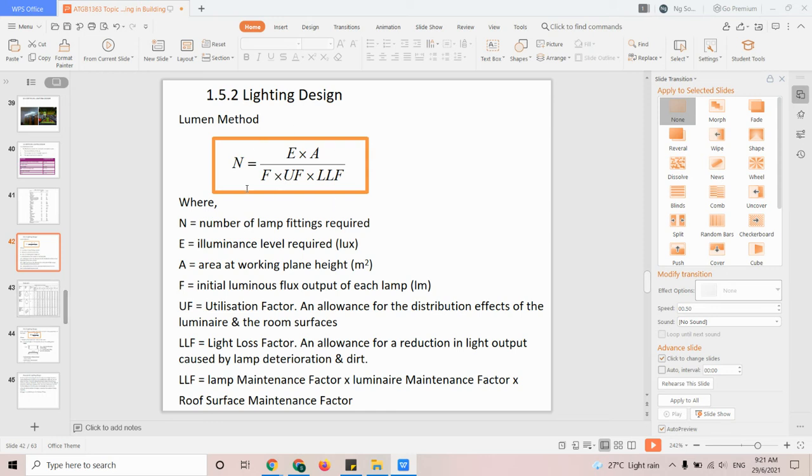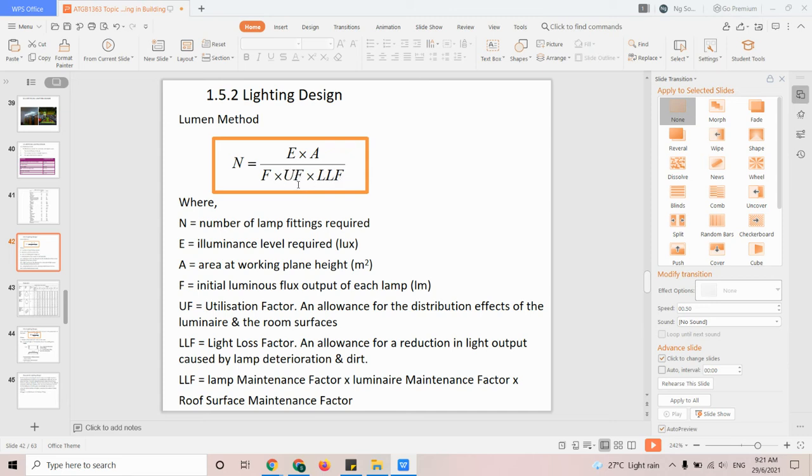So you'll be given this formula. No worries, you don't have to memorize. This will be given in a formula sheet to you, but you have to understand the meaning behind all these values. So you have your N, which represents the number of lamp fittings required, and then you have your E, which is your required lux level, and then you have your A, which is the area of your working plane, and then you have your F, the flux of your lamp, and UF and LLF.